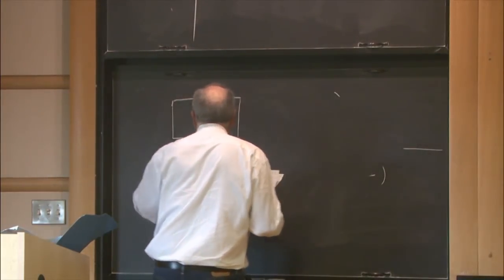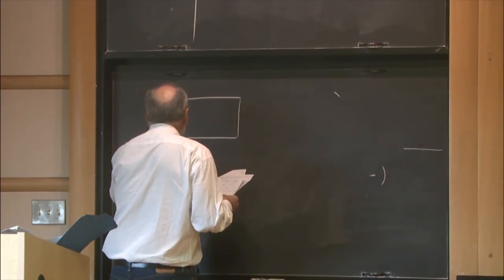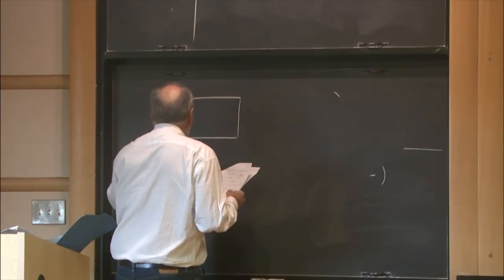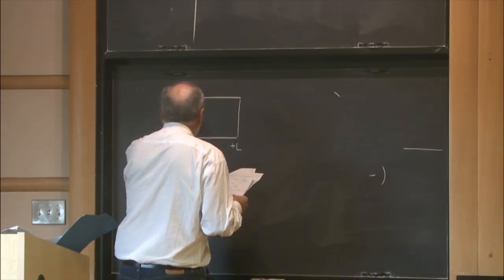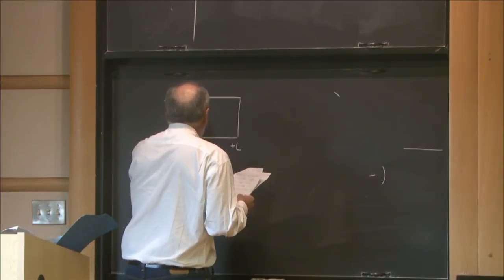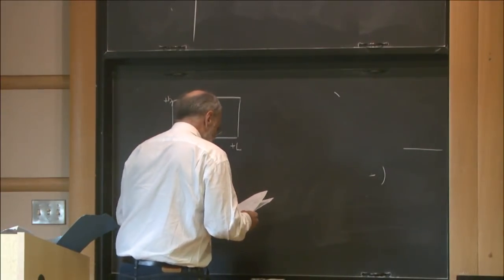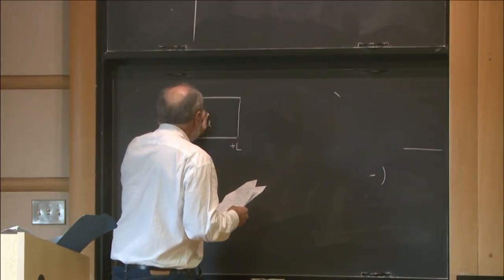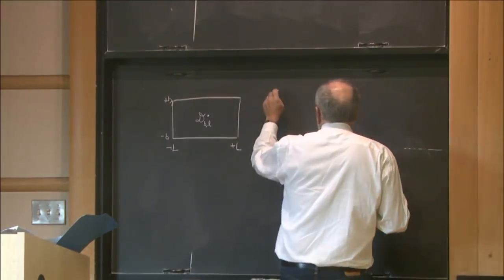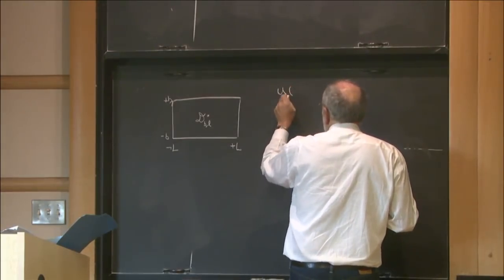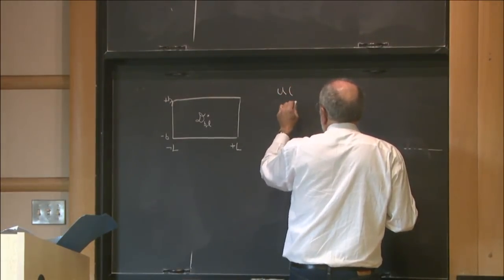I want to take, now I have minus b, plus b, minus L, plus L, and this is the domain BL. By what I wrote down there, the maximum value is assumed at 0,0.